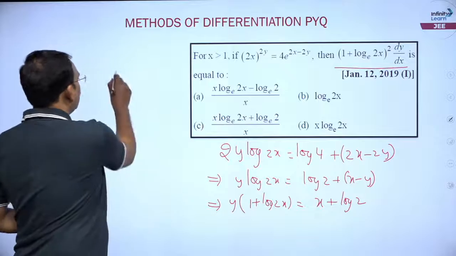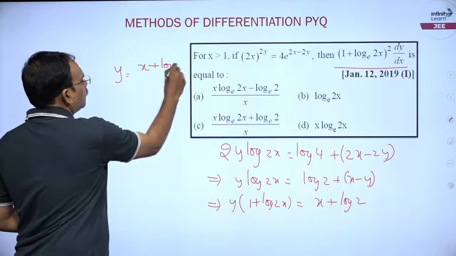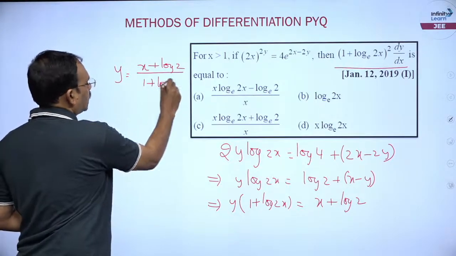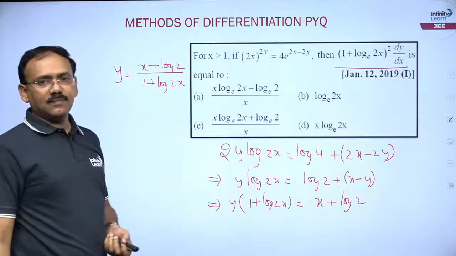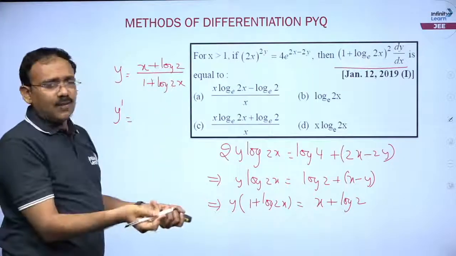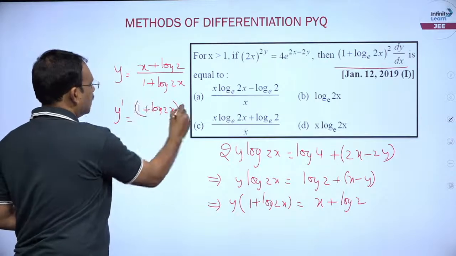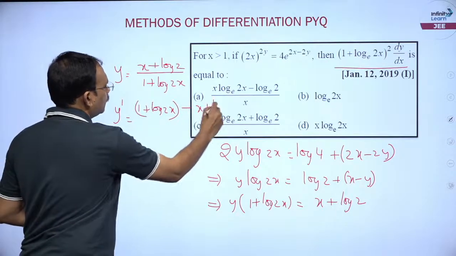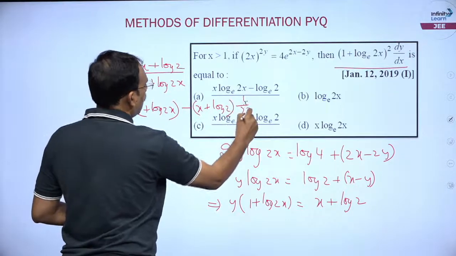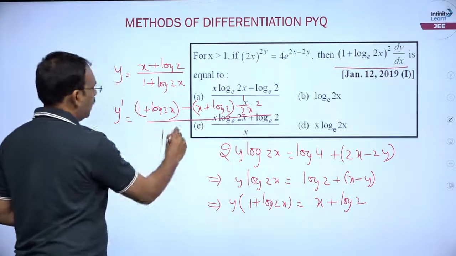Y is going to be x plus log 2 by 1 plus log 2x. This is y. Now you just find its derivative, y dash, like u by v: v, derivative of u is 1, minus u, derivative of v is 1 by 2x into 2, by v square, 1 plus log 2x whole square.